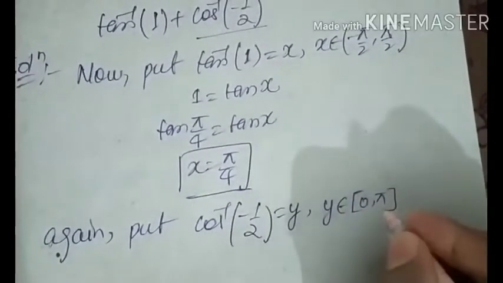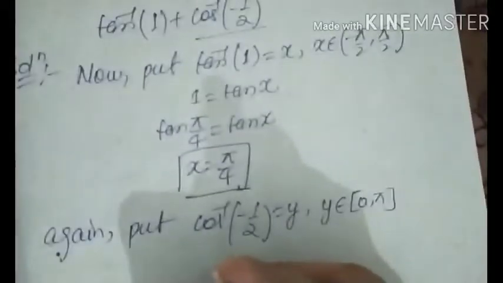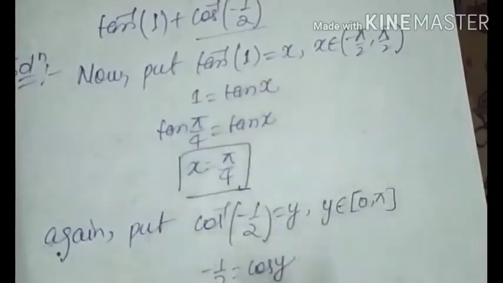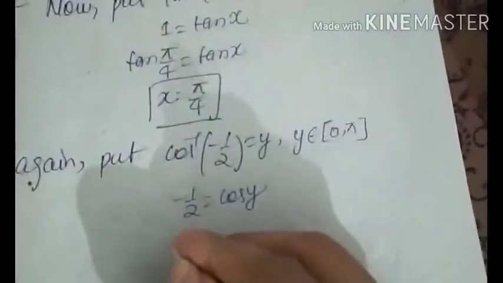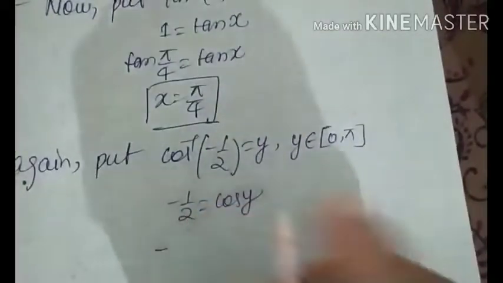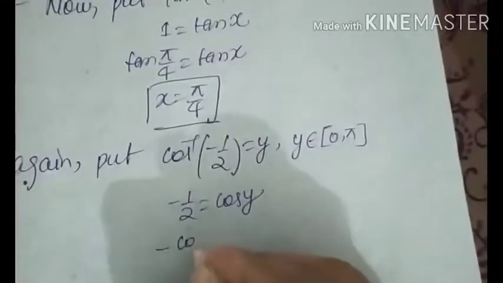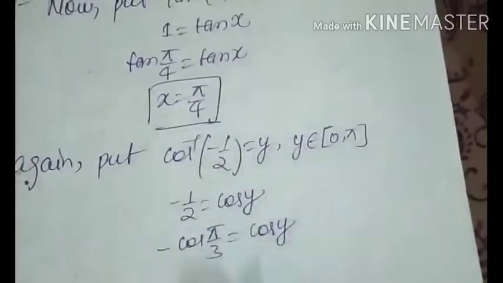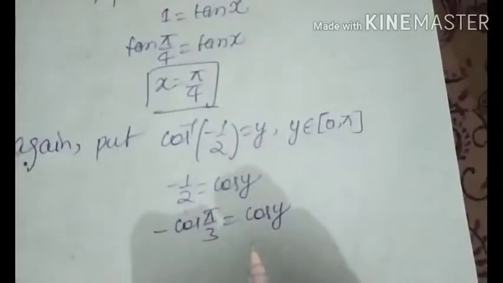Since y belongs to 0 to pi, we can write minus 1 by 2 is equal to cos y. Put minus as such, and the value of 1 by 2 in the form of cos is cos pi by 3, which is equal to cos y. We cannot compare yet.